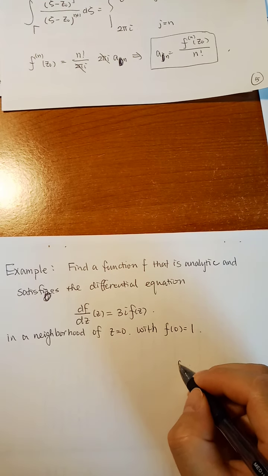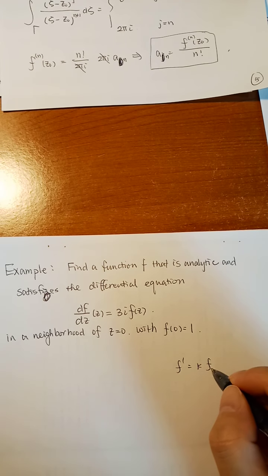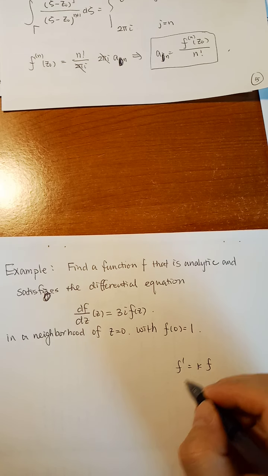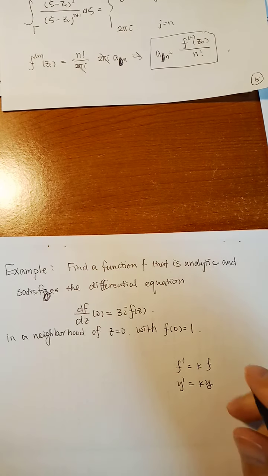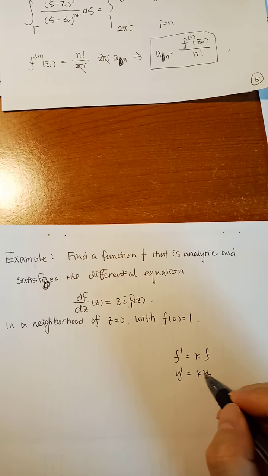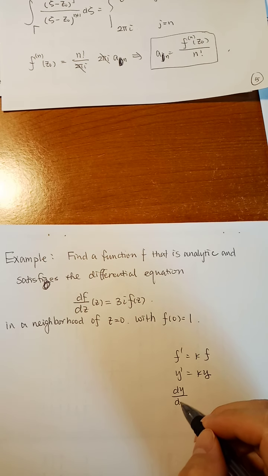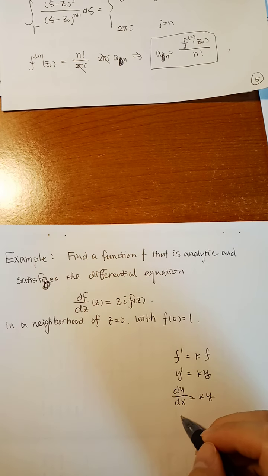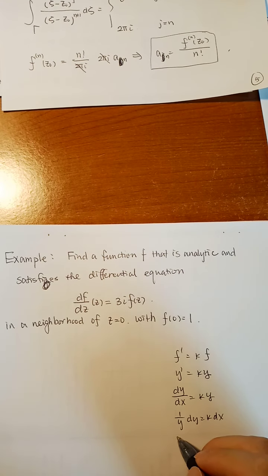Of course we can solve it. Remember that if you have f prime equal to a number k times f, it's like y prime is ky. This is actually the exponential growth formula, exponential change. So you get dy/dx is ky, so 1 over y dy is k dx. The integral of 1 over y dy is the integral of k dx.